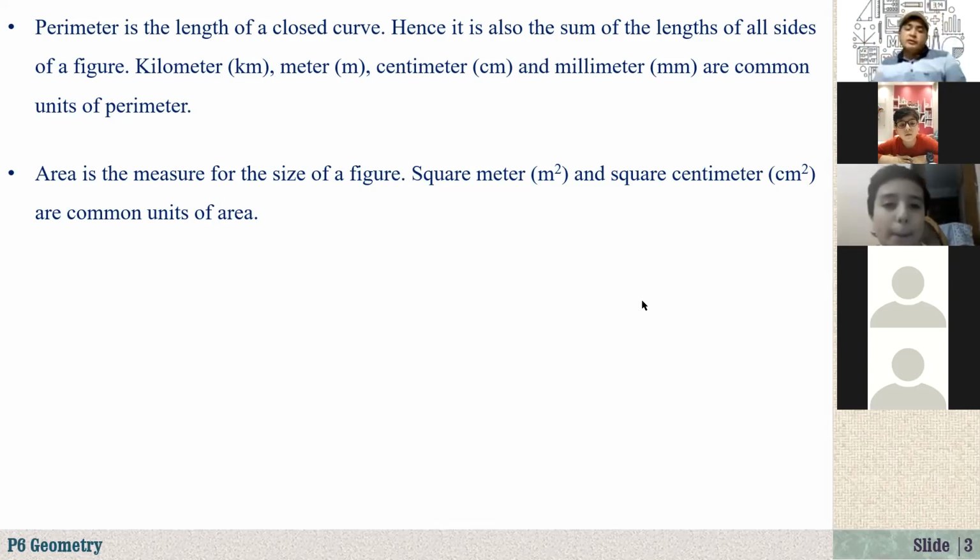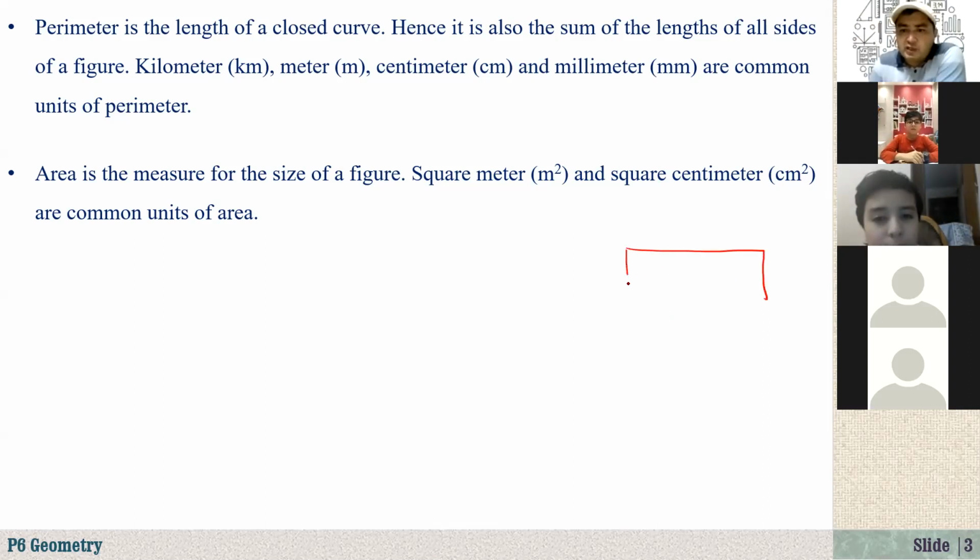Good. So guys, here perimeter simply means the length of the boundary of your shape, right? For example, let's say in your house you're going to make some kind of flower garden. Let's say it is rectangular in shape. And usually we enclose it with some kind of fence, right?